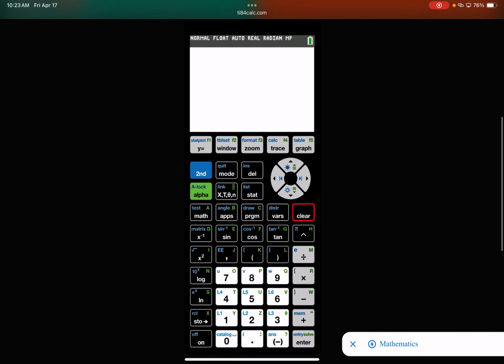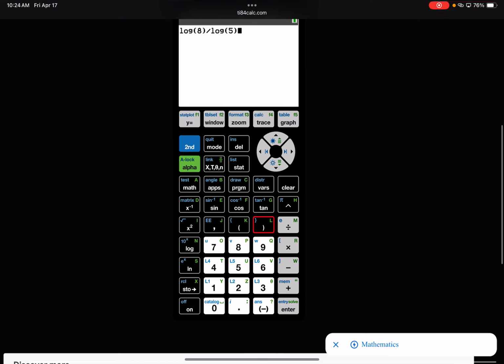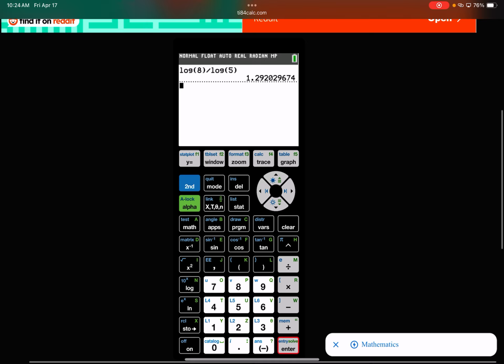So let me go back. I would hit the log button here, which is log base 10. So log of 8, but you want to close your parentheses or you'll get it wrong. Divided by log 5. I hit enter, and it gives me 1.2920 and so on.